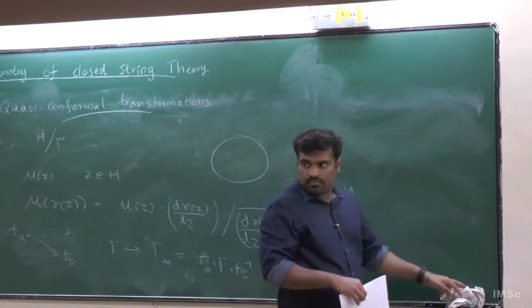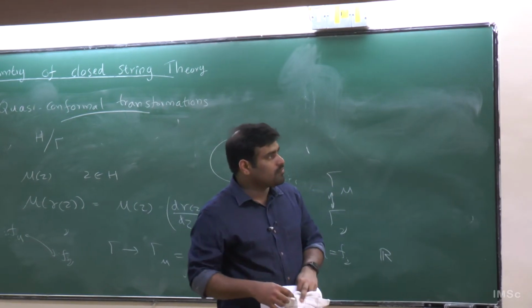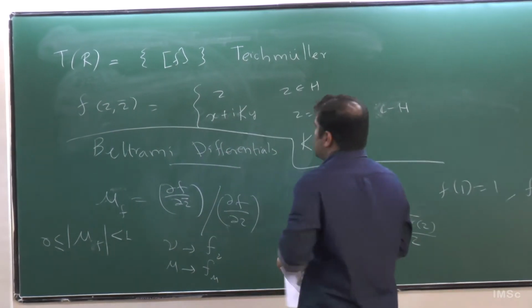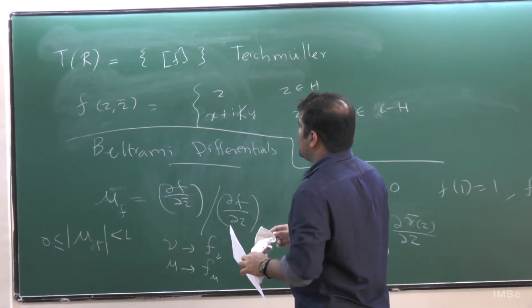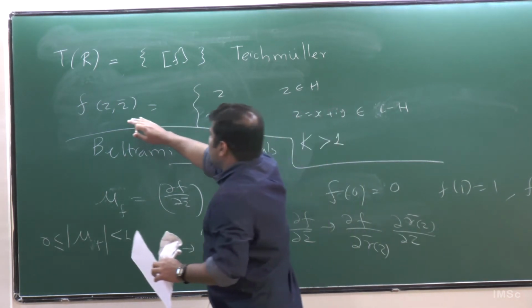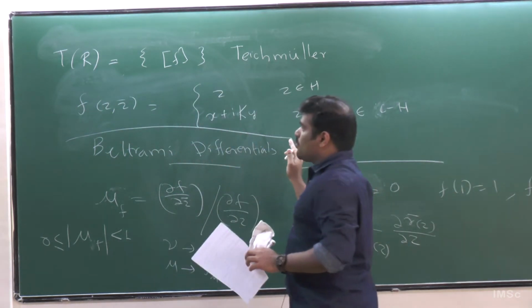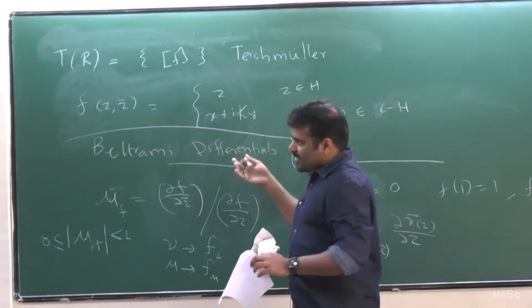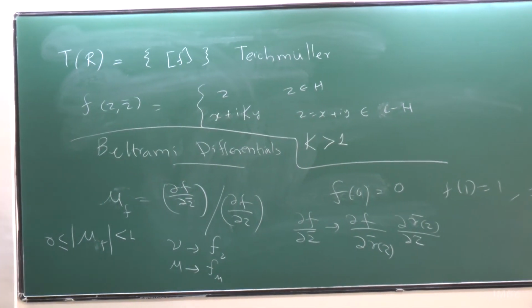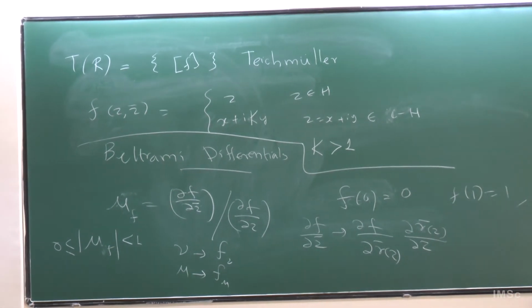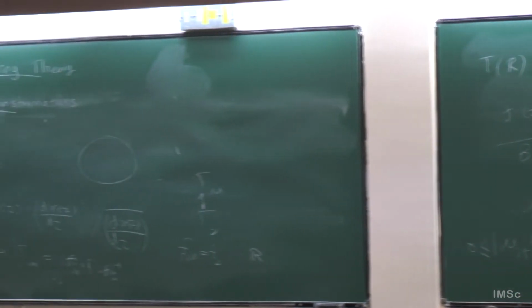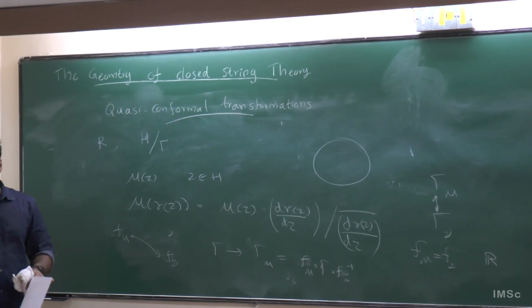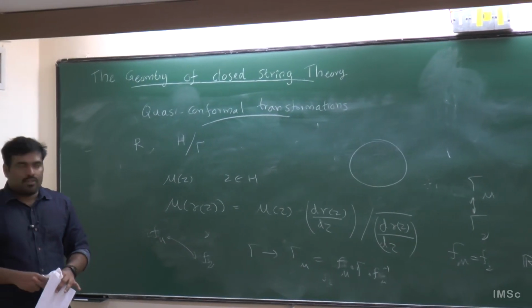In that example, if you make some other f, this thing is not a quasi-conformal transformation with respect to any Riemann surface, because it doesn't have any periodicity. So the Beltrami differentials are not quite simple on the upper half plane, because whenever you impose a huge amount of symmetry, the function is not going to be simple.